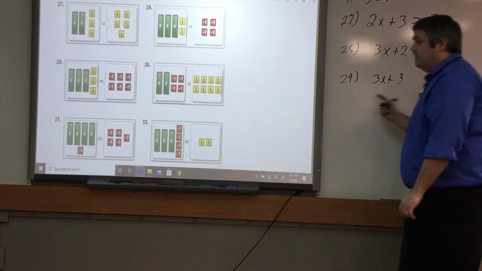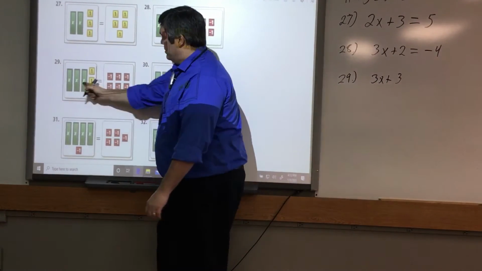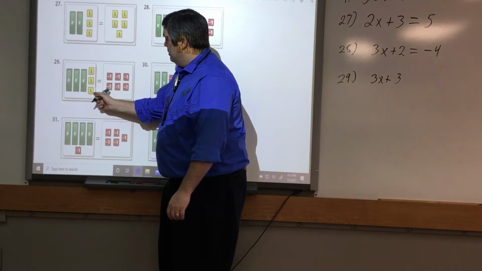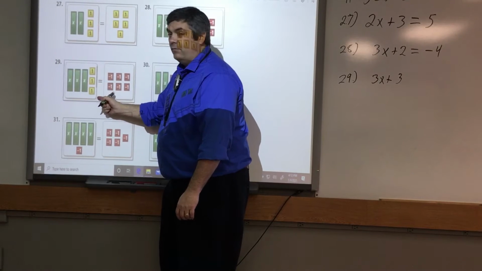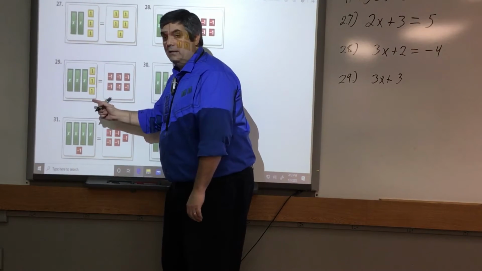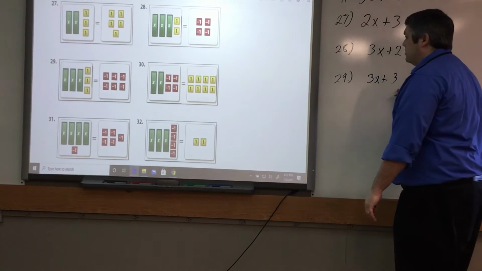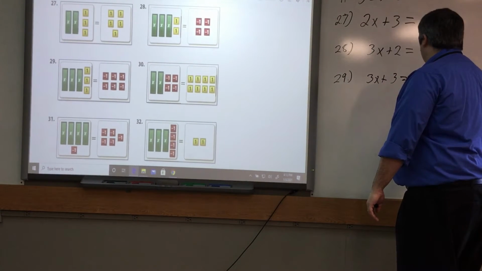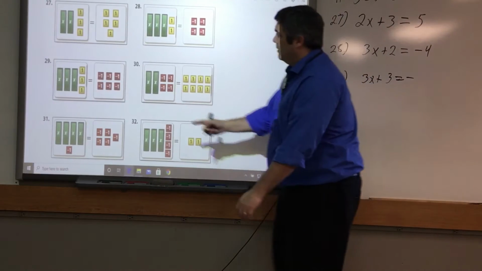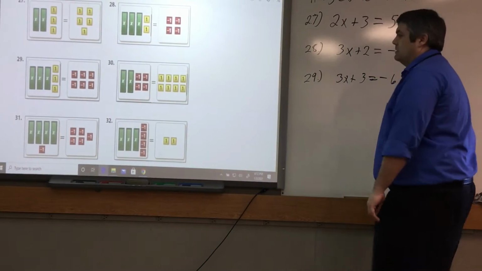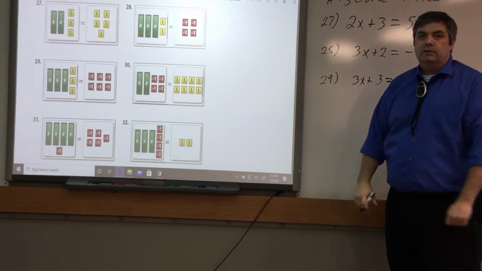I know these are positive because they're yellow and there's no negative sign in front of them. So 3x plus 3 equals negative, and then I'm just going to count them: 3, 4, 5, 6, negative 6. That's really all there is to this.